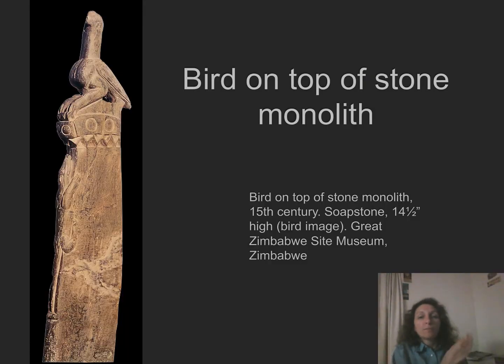All right, bird on top of a stone monolith. This takes us to Zimbabwe, which is next to the Indian Ocean on the eastern side of the African continent. And that will become important as we migrate to the next slide. So this is bird on top of a stone monolith.